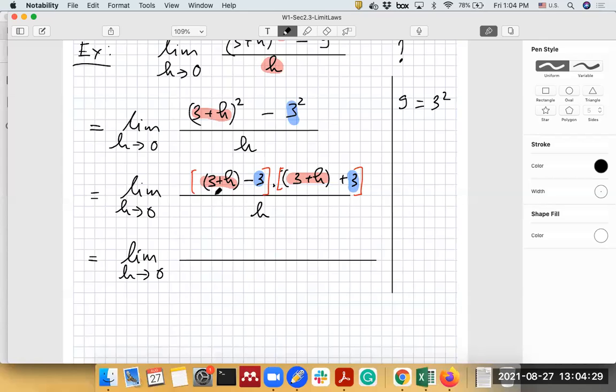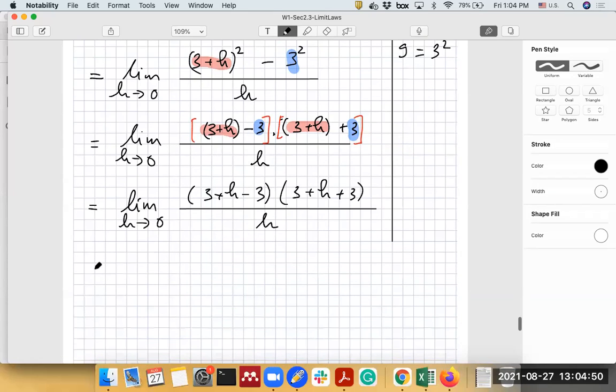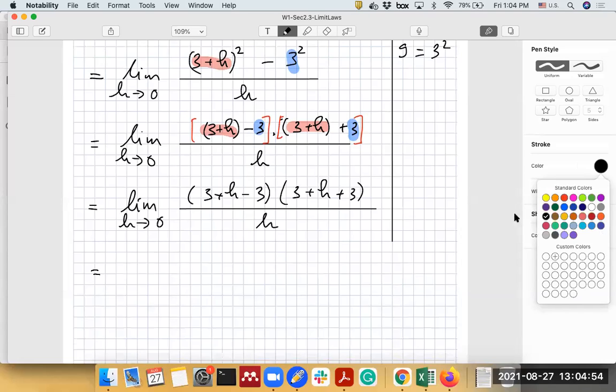Three plus h, in front of that there's no negative sign. It means that we can remove the parentheses here, right? It is 3 plus h minus 3, and then times 3 plus h plus 3. Make it simpler. So the first parenthesis, what do you think?